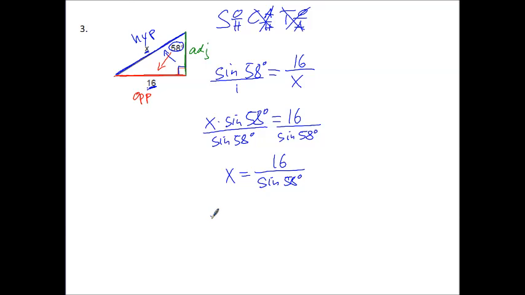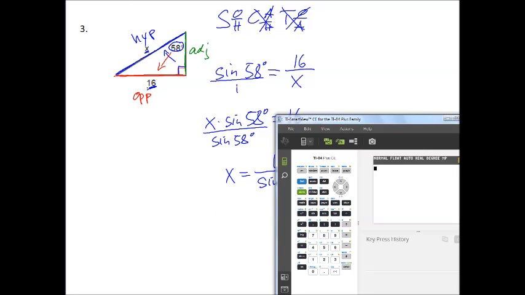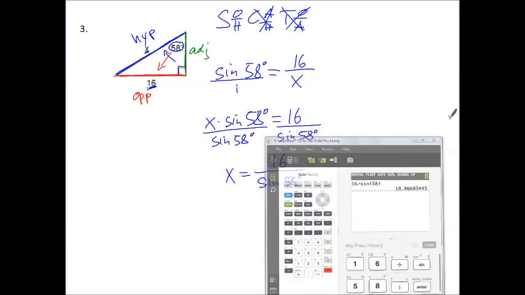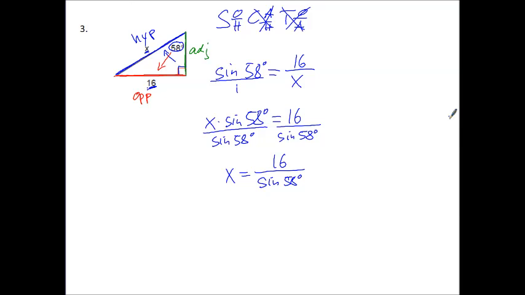And using our calculator again, 16 divided by the sine of 58 degrees, close parentheses, enter, 18.8668. For these problems, we were always supposed to round to the nearest tenth with one decimal.